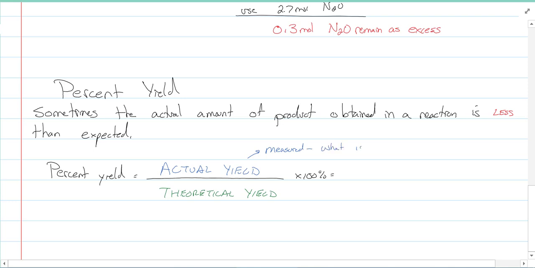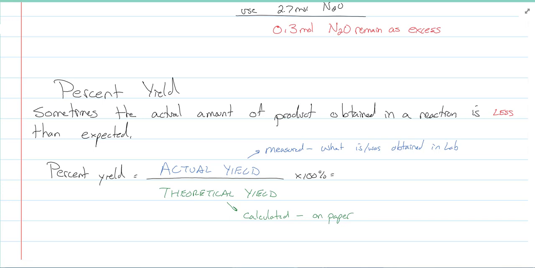What was obtained in lab. The theoretical yield is calculated, on paper. What we got on paper. What we should get, in theory.